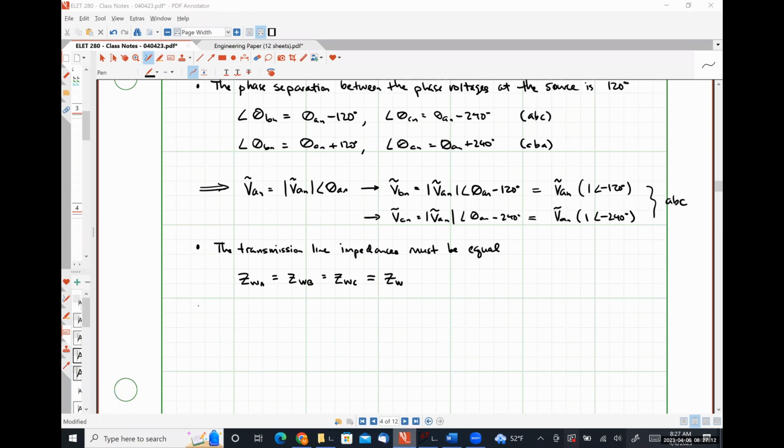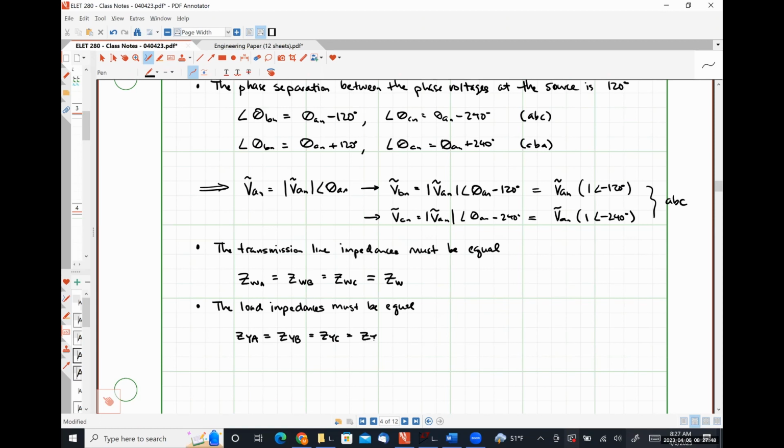On our load side of things, we effectively have the exact same criterion. Okay. For this system to be balanced, the load impedances must be equal, meaning that ZYA has to be the same thing as ZYB, has to be the same thing as ZYC.